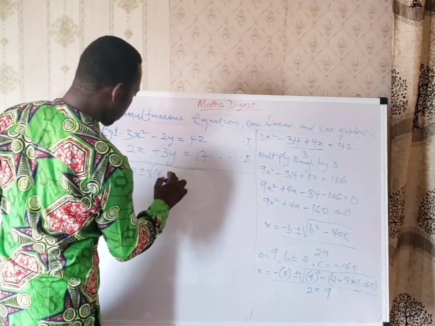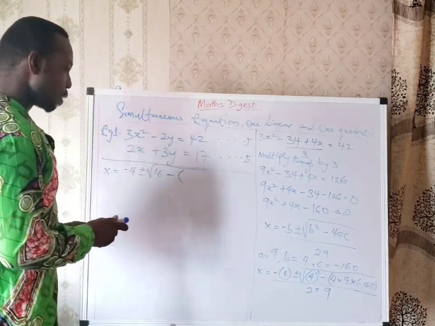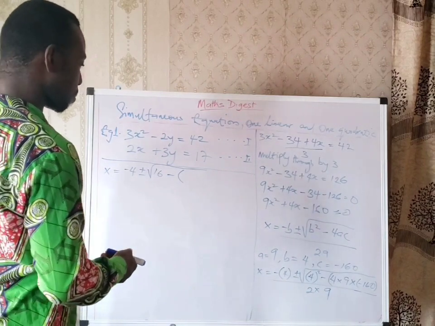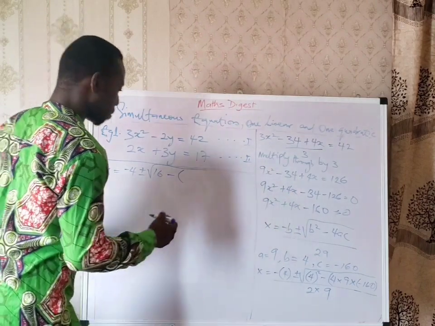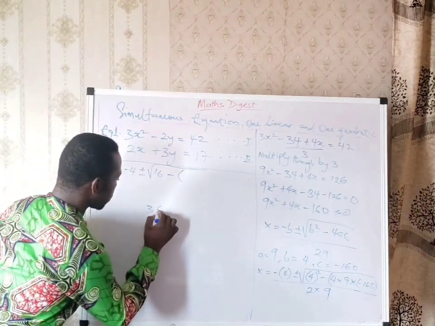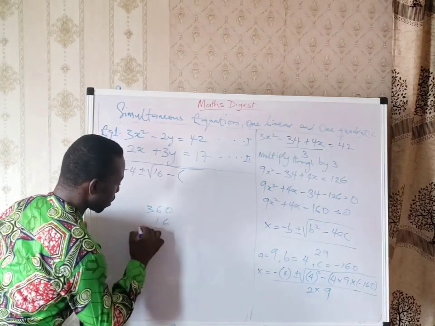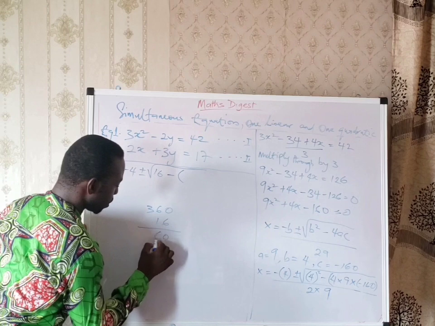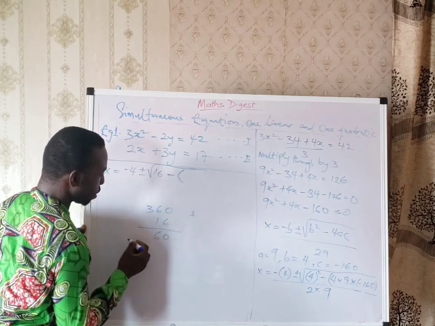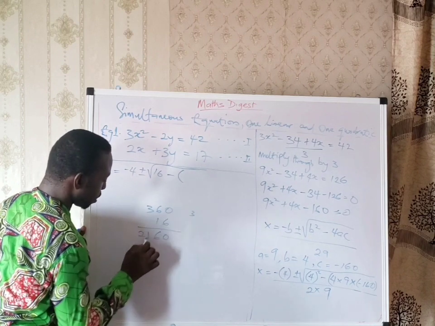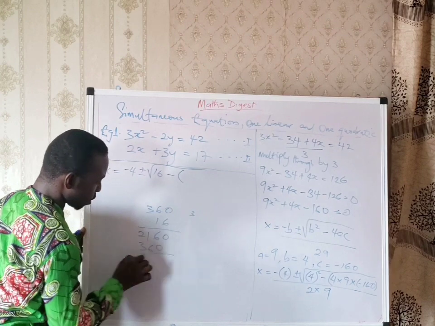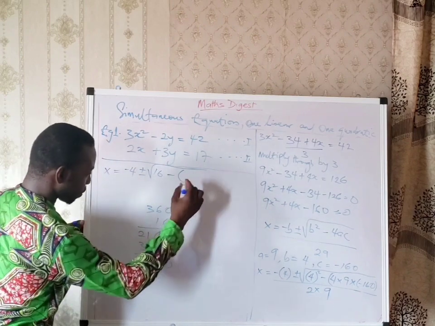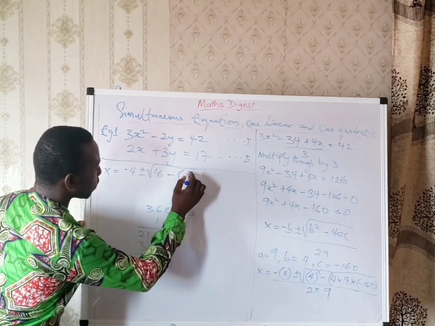Remember it is in square roots, minus, okay, now 4 times 9 is 36, and 36 times 160, we can decide to multiply this way, 5760, okay.